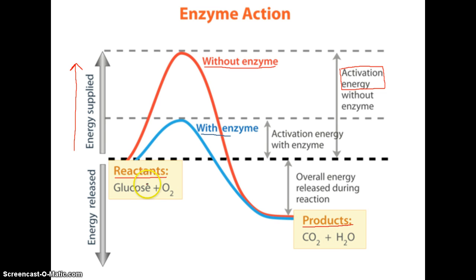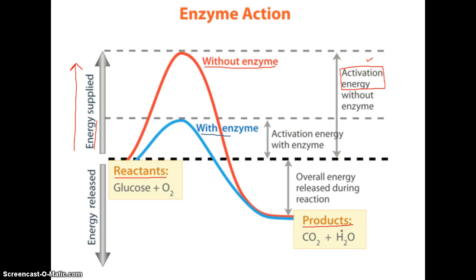When you ask how much energy we have to supply to get the reaction to work, that is the activation energy. The activation energy of a reaction is defined as the amount of initial energy that needs to be put into the reaction so that the reaction can go all the way to completion and create its products.